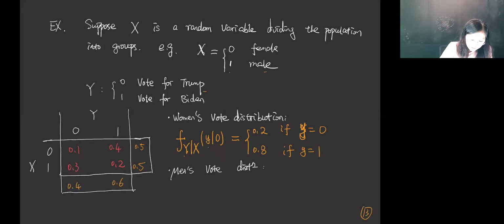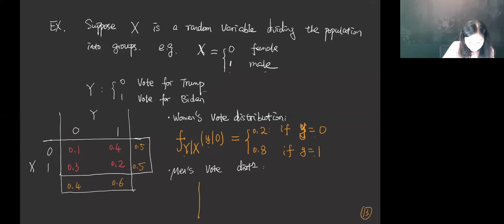So clearly that is a legitimate distribution. The probability mass function is non-negative, and it sums to 1 over all the values of y. And similarly, for men, we can also figure out the men's vote distribution, which is f of y given x equals 1.